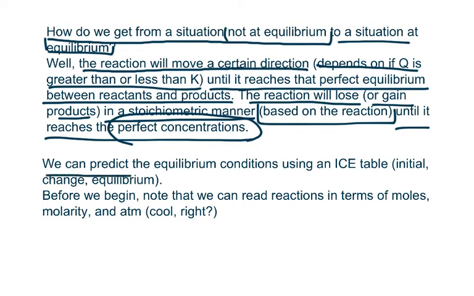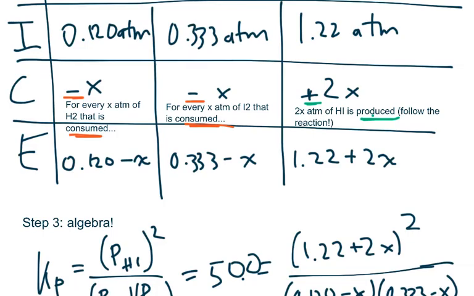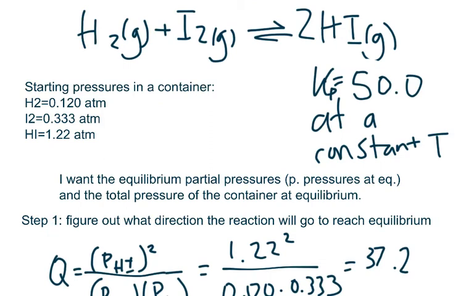Now, we can predict the equilibrium conditions using an ICE table, where I stands for initial, C stands for the change in concentration or pressure, and E stands for the concentrations, pressures, etc. at equilibrium. So before we begin, note that we can read reactions in terms of moles, molarity, and atm. Cool, right? So now that we talked about that, let's actually do a practice problem.